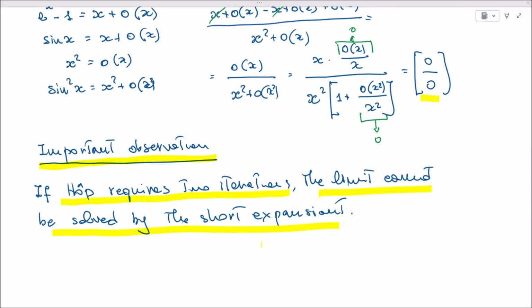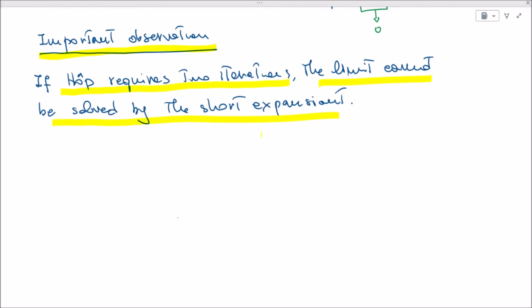Now, another general observation regarding the applicability of the L'Hopital theorem is that it has a limited utility.